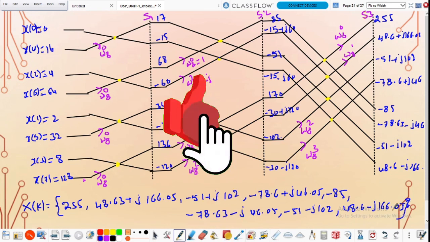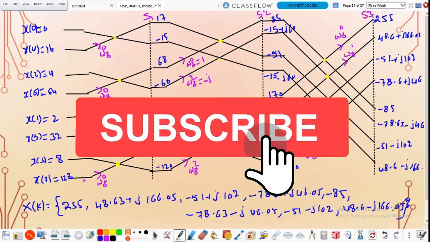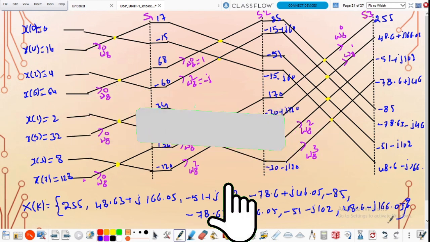So this is the x of k value of the given sequence.